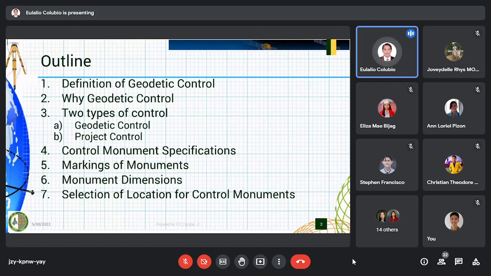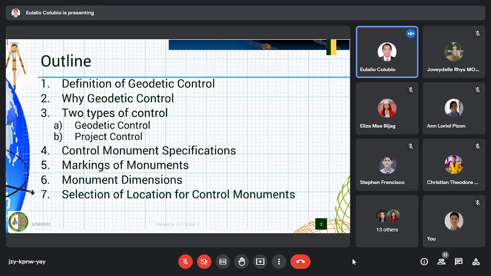We cannot avoid putting them in a river or in the corner, since boundaries of barangays are usually rivers or in the mountain ranges. So the location cannot be chosen freely. But other than that, geodetic control monuments should be placed in a proper location, and we are going to consider the criteria to be based on when we establish the control monument.